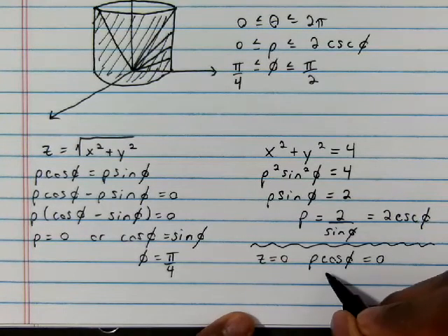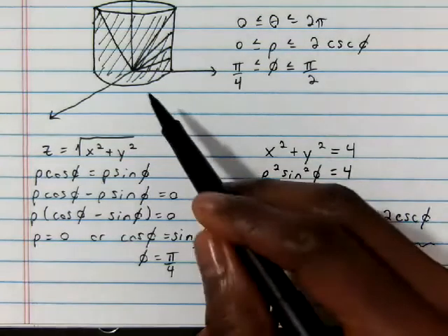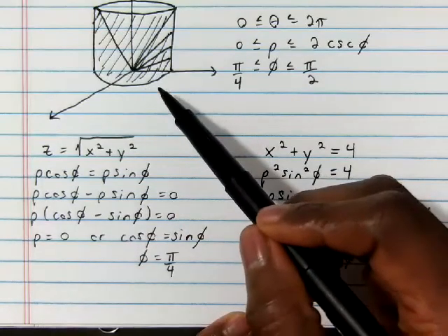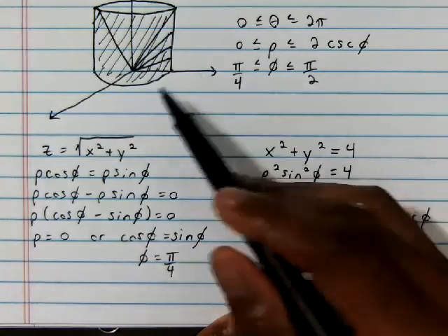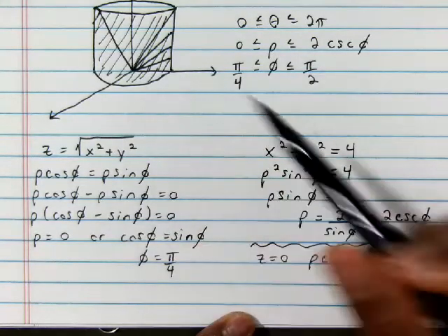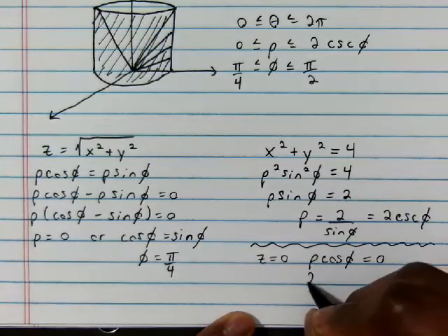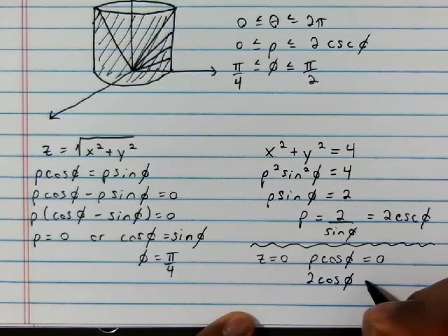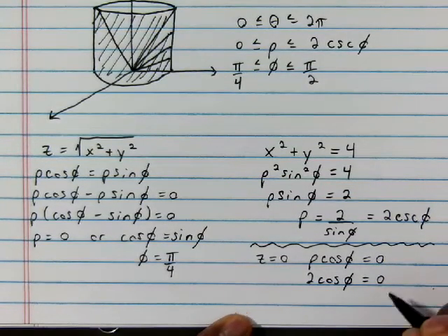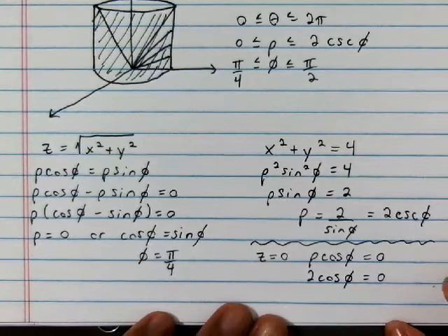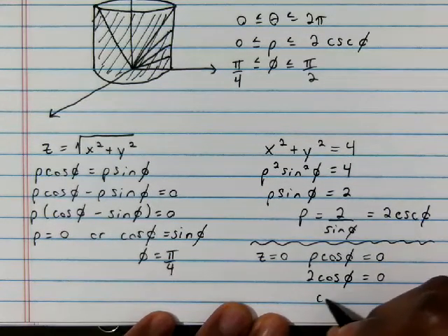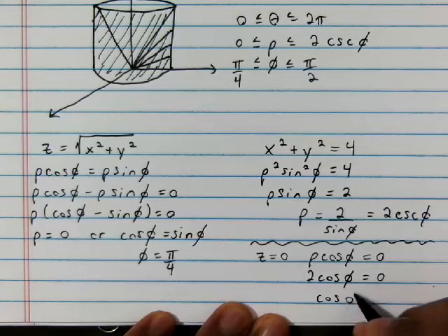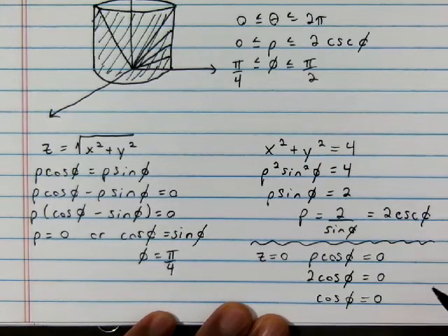So now when z equals 0, our rho is not 4. I said 4, but it's actually 2. So that's going to be 2 cosine phi equals 0, or cosine phi equals 0, which tells us our phi, and remember our restriction on phi has to be something between 0 and pi over 2, has to be equal to pi over 2.